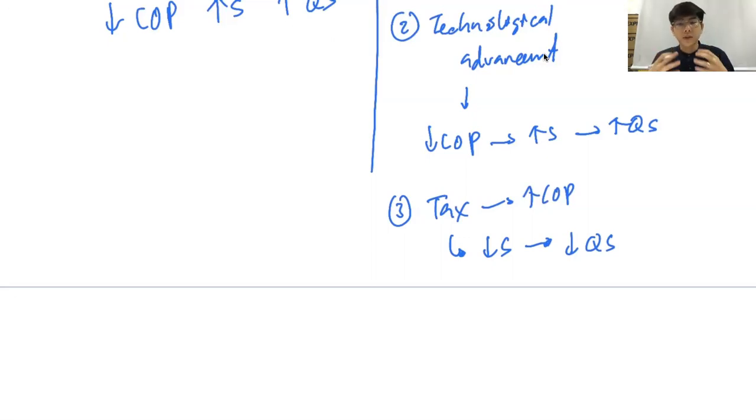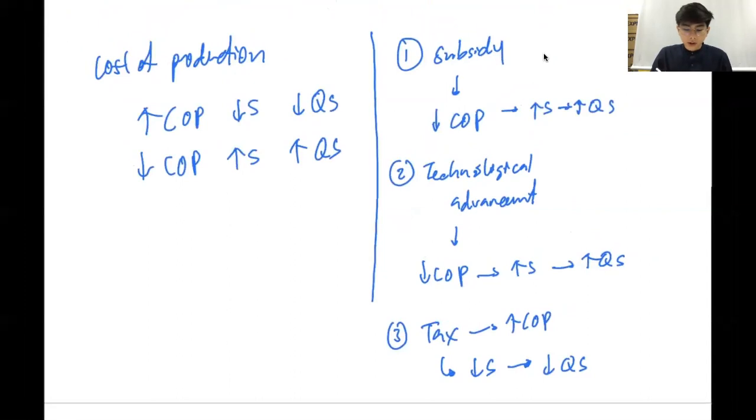So the price of raw material is going to increase due to the tax, probably indirect tax. And because of that, you're going to have a higher cost of production, so eventually lower supply. Okay, so these are the very, very commonly seen factors: cost of production, subsidy, technological advancement, and tax.